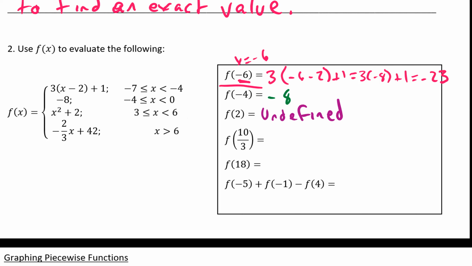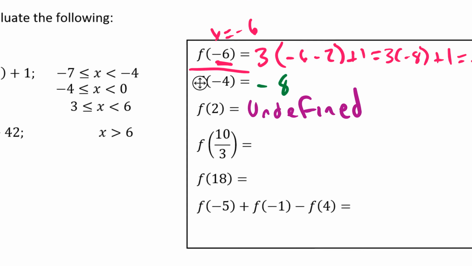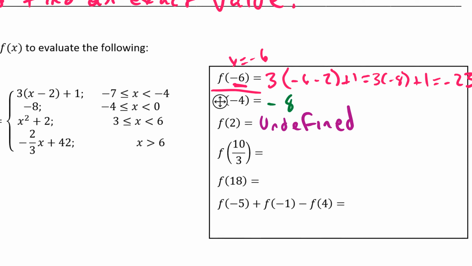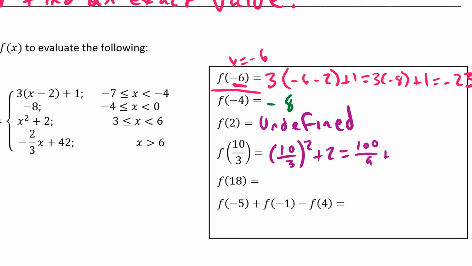All right, so let's plug in the exact value. So what are we plugging in? 10/3 squared plus 2. So what is 10/3 squared? 100 over 9 plus, we're going to need to make this into common denominators, right?